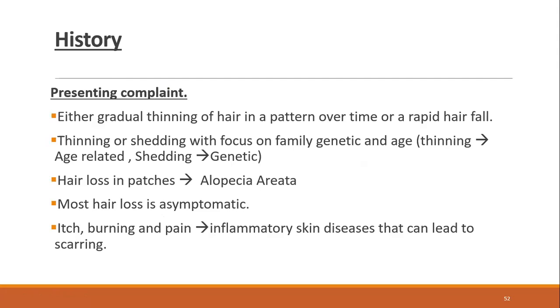Thinning or shedding, with focus on family, genetic, and age. For example, some families develop hair loss quite early, while some develop hair loss very late. This is all genetic. If the hair loss is in patches, then it is alopecia areata.